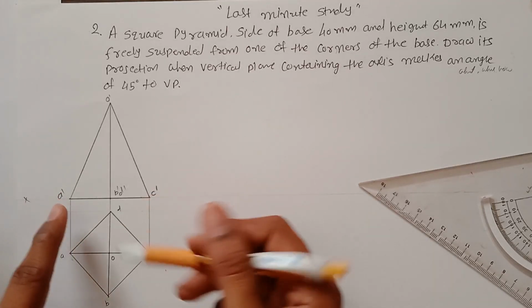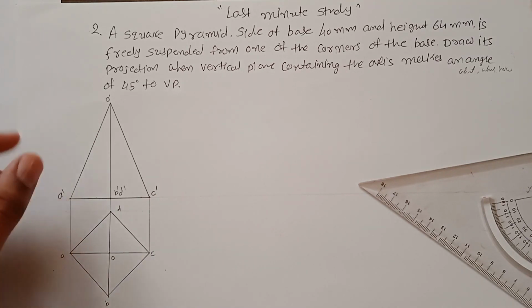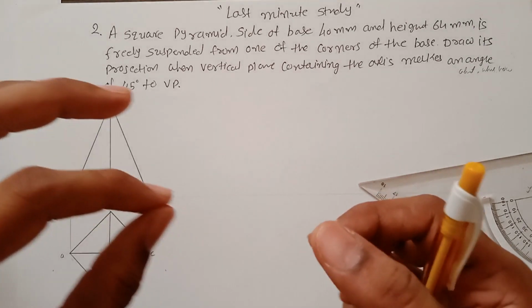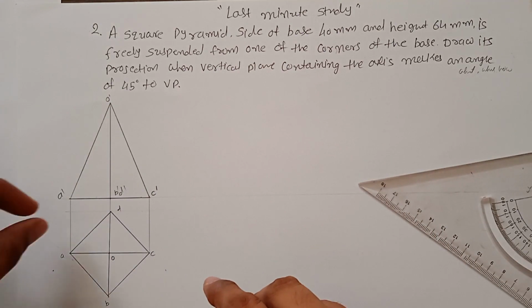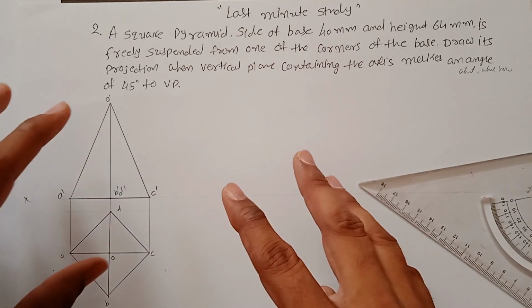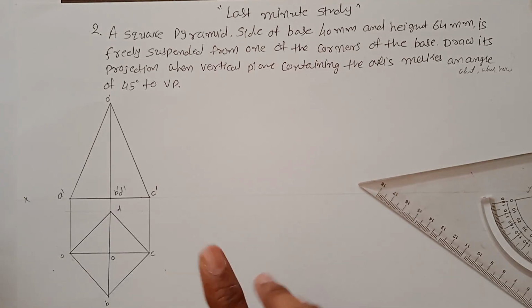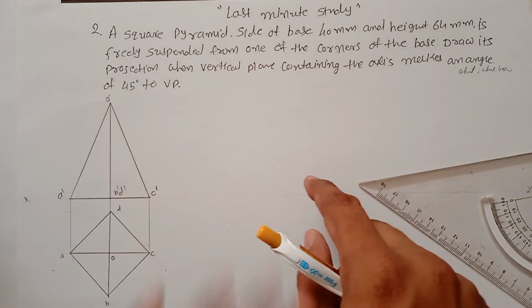Freely suspended means when you lift your solid from this corner and let gravity do its work, whatever position it takes is the freely suspended position. So you have to find the center of gravity, the CG point, to find the second position.